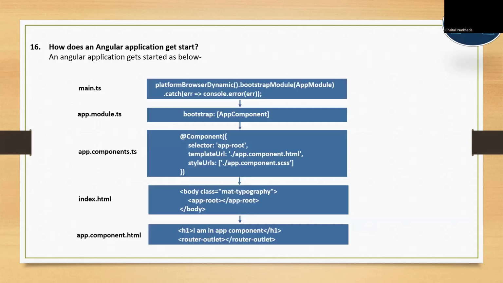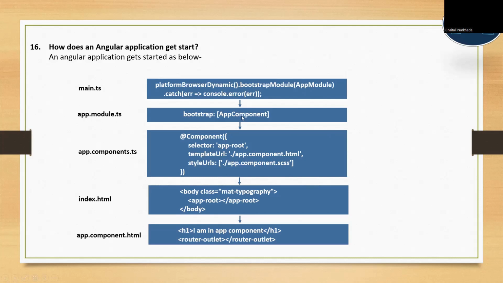Next question is, how does an Angular application get started? As we discussed, main.ts is the main entry point of your application. Here we have defined the bootstrap module and you have to provide the module name. So it will pick up that module. Then it goes to the app.module.ts file. In app.module.ts, in the bootstrap section, you have defined the component name that it will pick up.